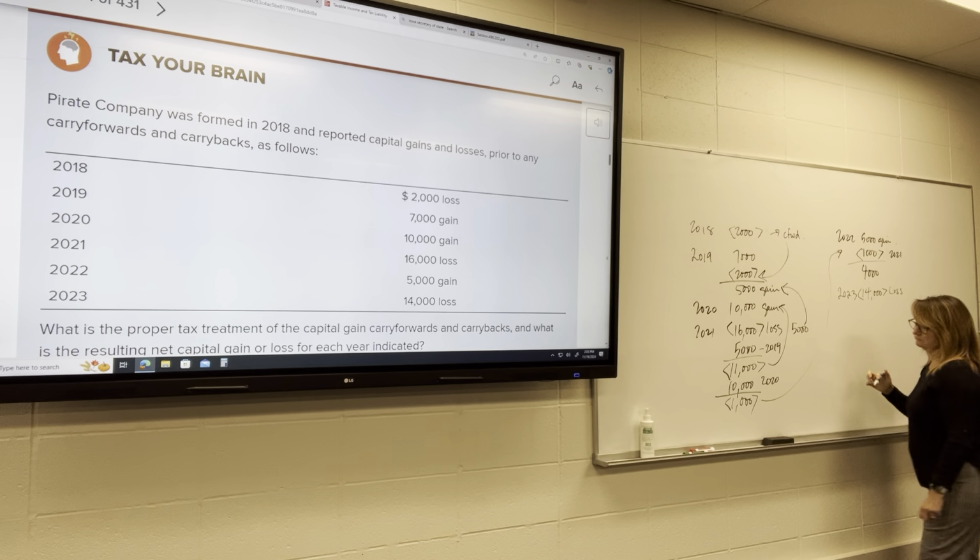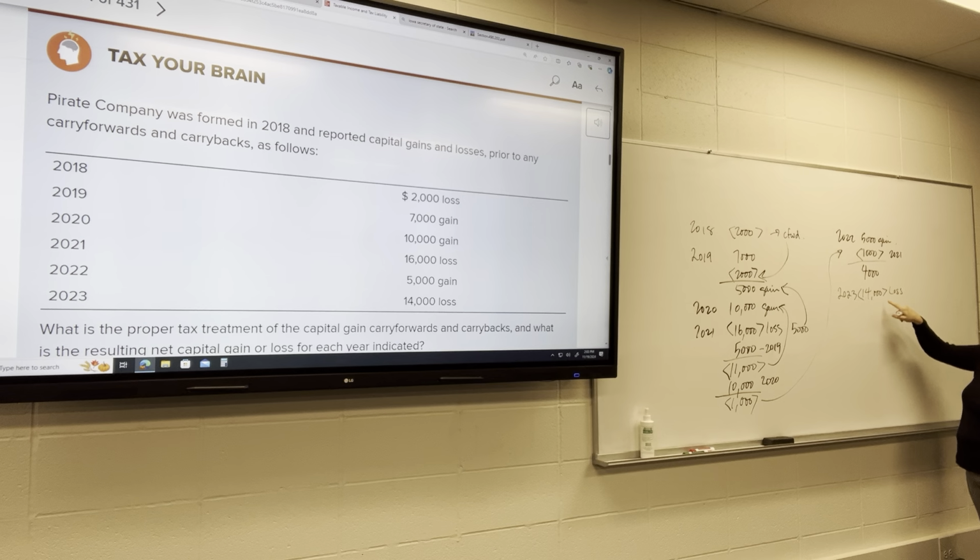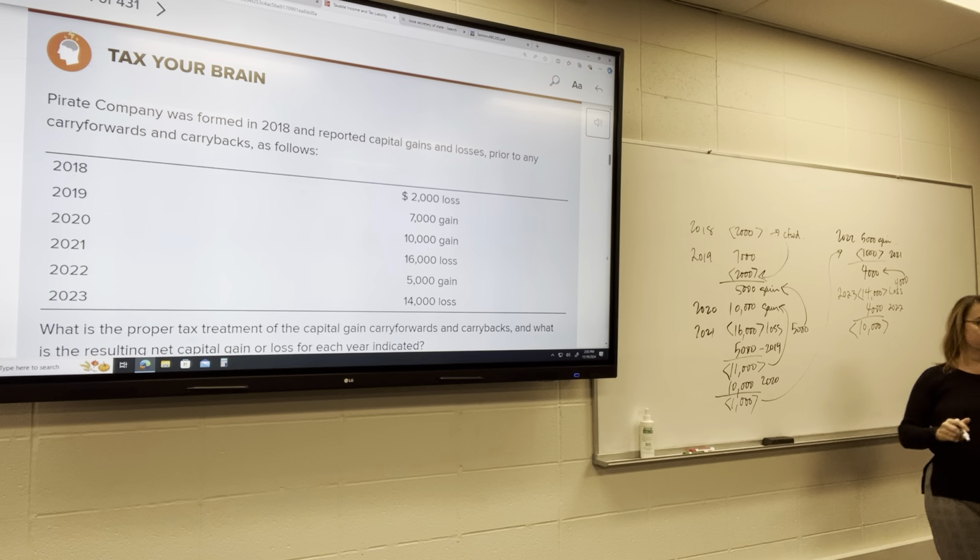We're going to take 4,000 of that and go back and amend 2022. So 4,000, 2022. Now we've got a $10,000 loss that we get to carry forward to future years.